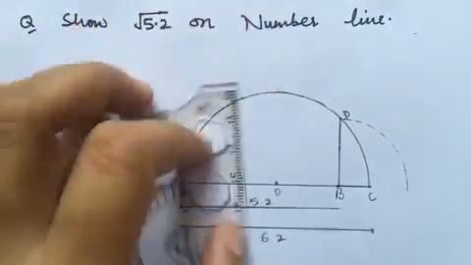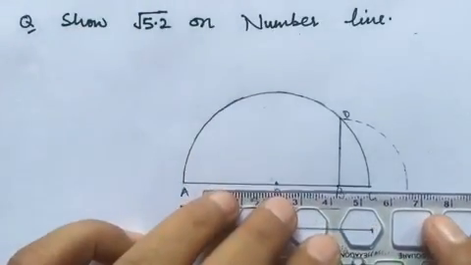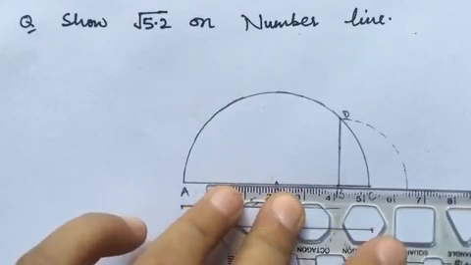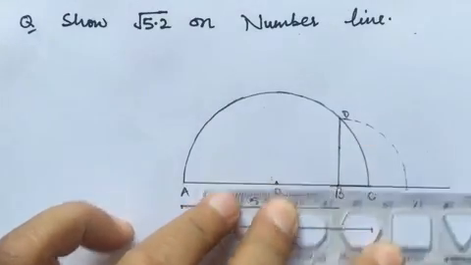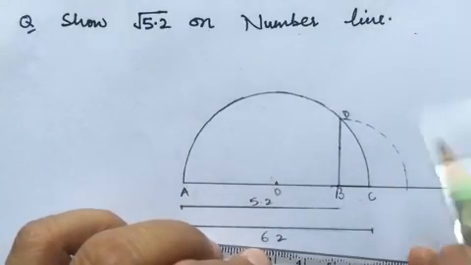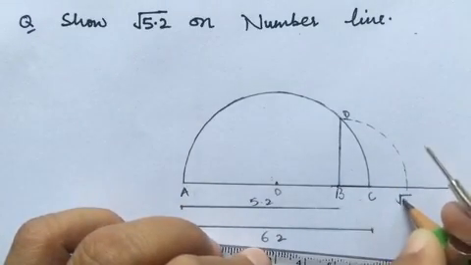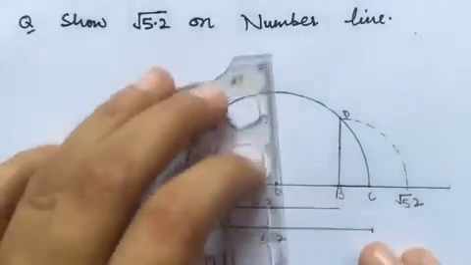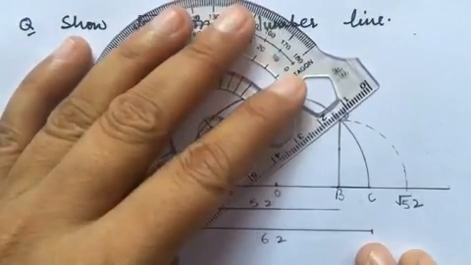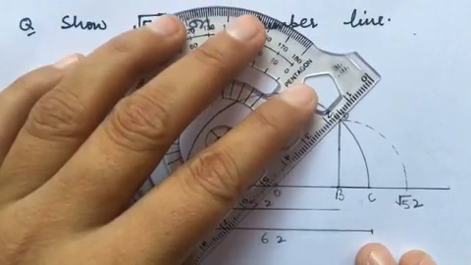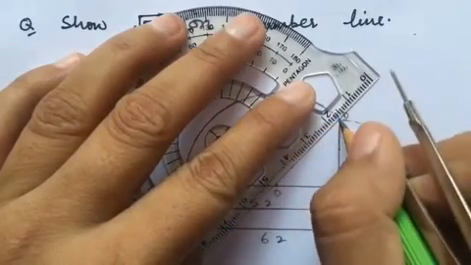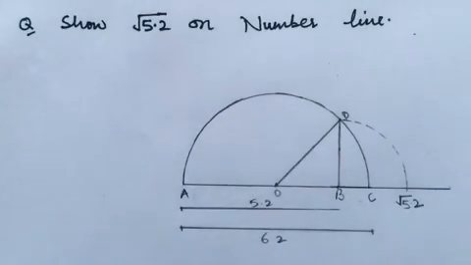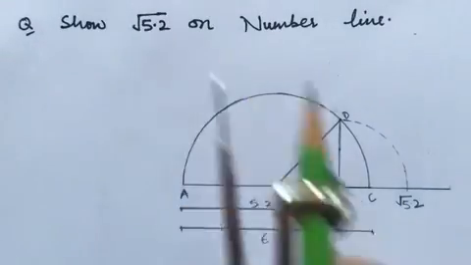Increase the length of the line. So what you get is your root 5.2. Got my point? You can write the points if you want. You can also join OD. So this is your root 5.2 on the number line.